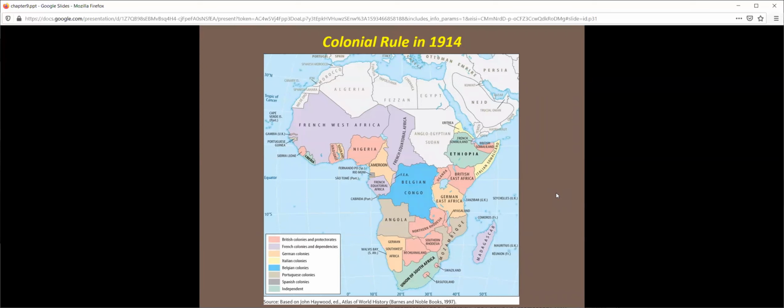Look at these colonies. Look at how it's chopped up. German East Africa was a country. British East Africa was a country. Noteworthy there is Ethiopia. Ethiopia was essentially the only African nation to never be colonized.